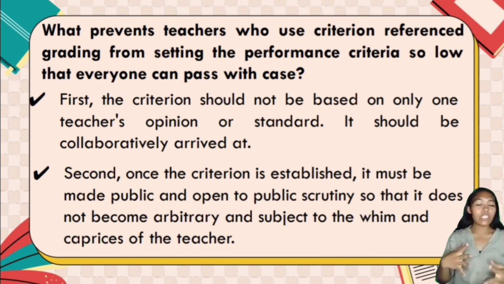Of course, if the criterion is already set, they will make it public so that everyone will know about the criteria, so that no one can freak out asking why I didn't pass, and to avoid such ambiguity or questions about what happened. That's why after the criterion is done, it should be public and everyone must know it, so that they are aware of what to do and why the results are such.